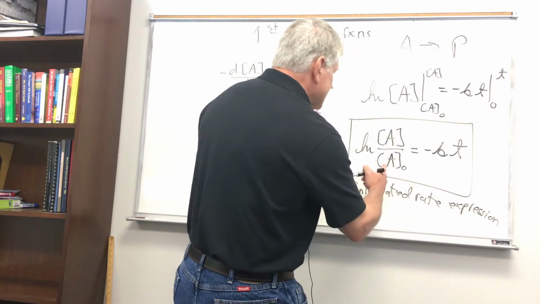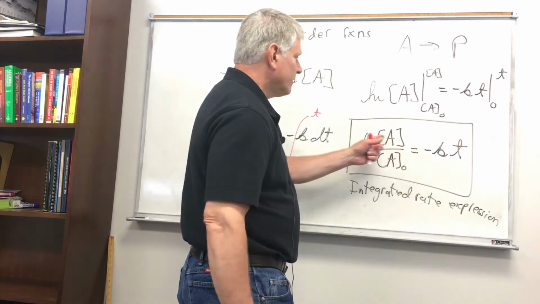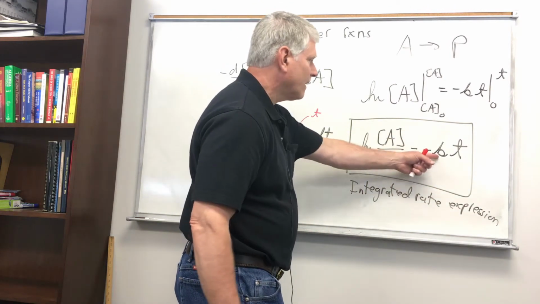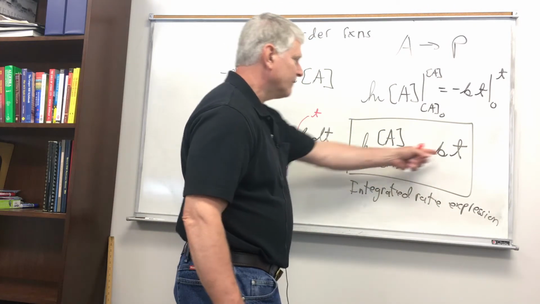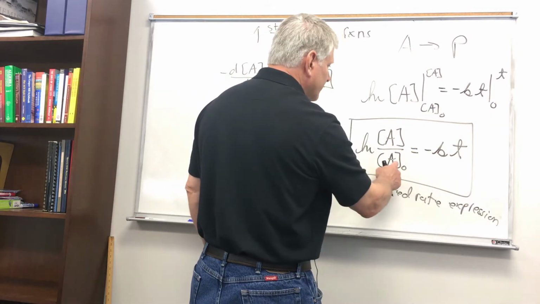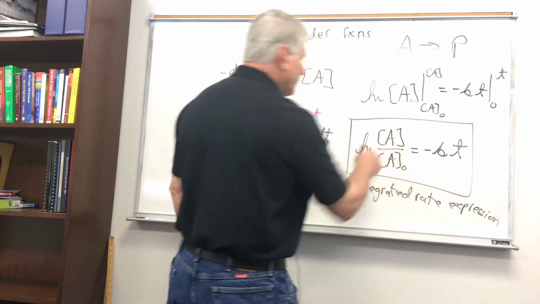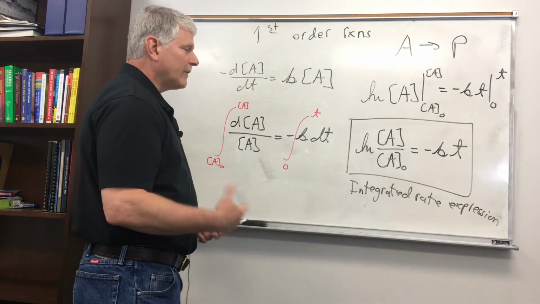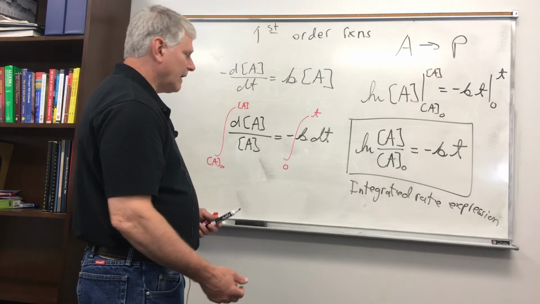So now if I know the concentration of A, the rate constant, and the initial concentration, I can find the time. Or if I know the time and the initial concentration and k, I can find out what the concentration of my reactant will be at that specific time.